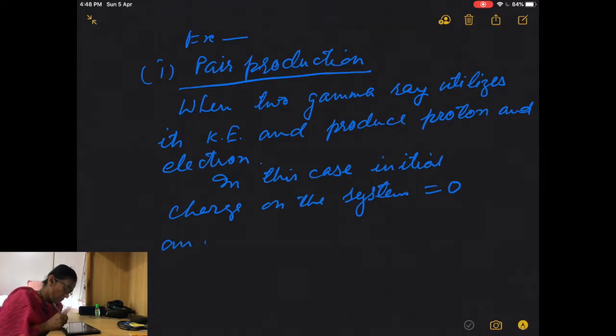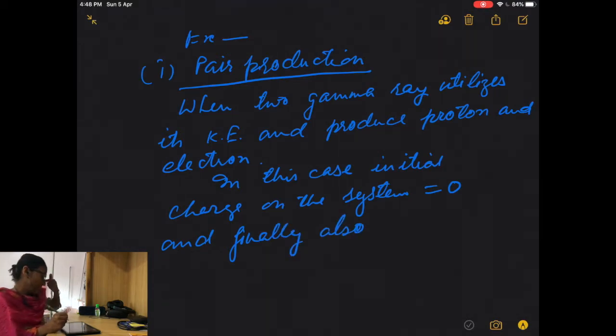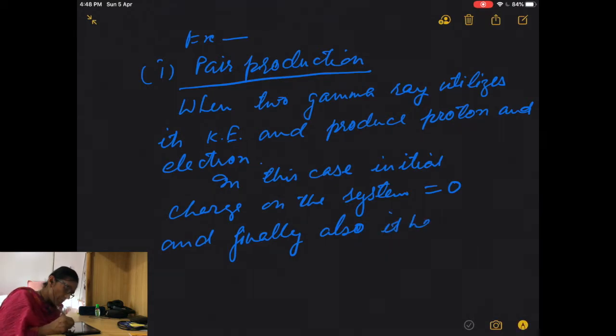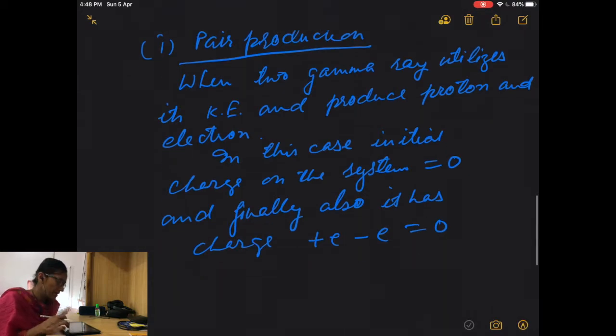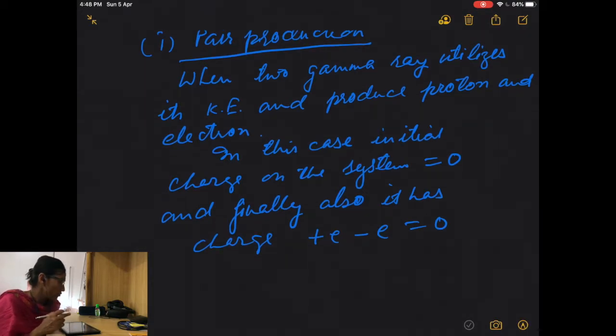And finally also it has charge plus e minus e equal to 0. So this is a very good example and it comes in exams also. So just remember it: pair production.